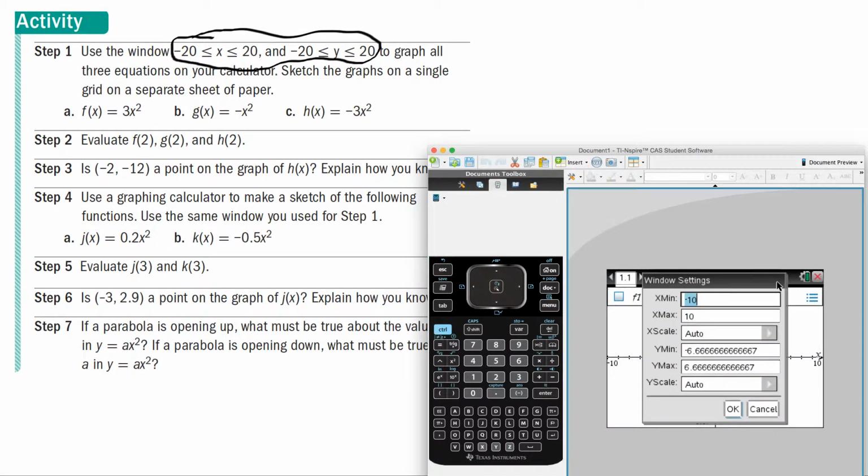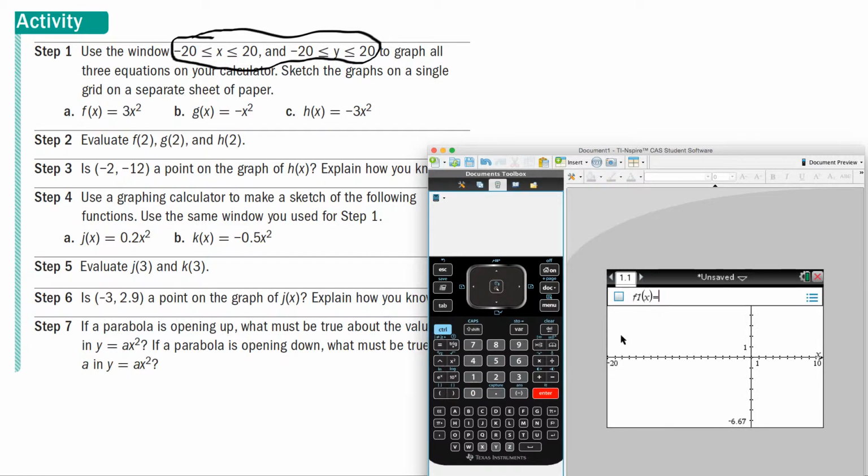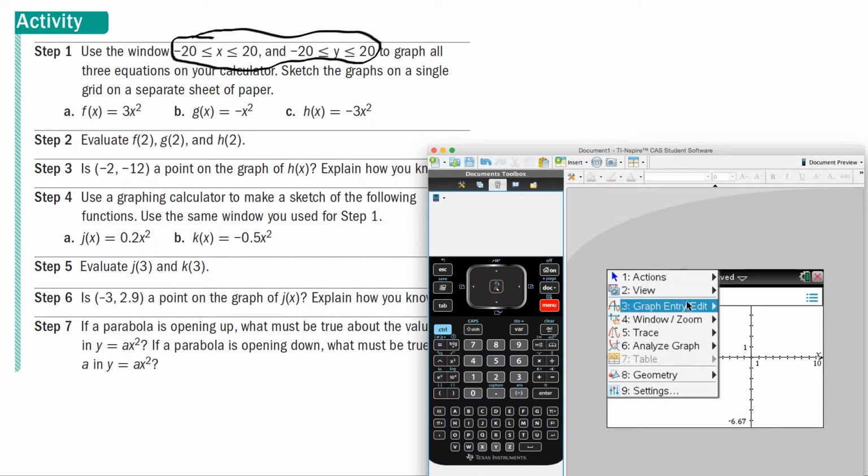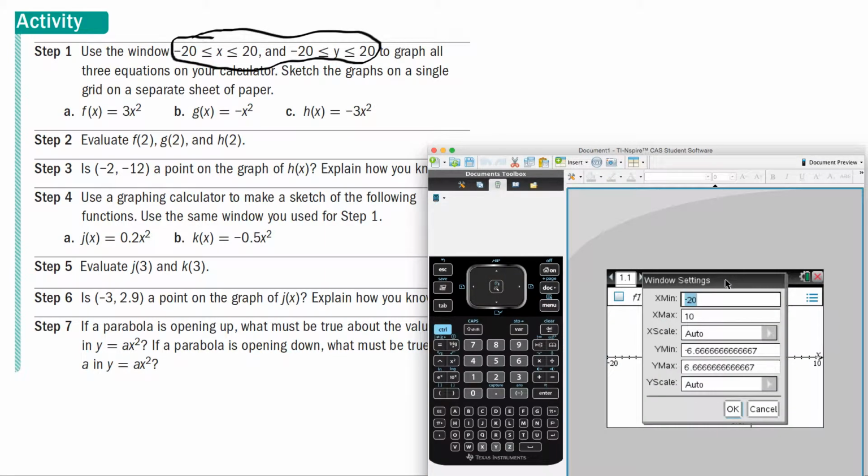We've been told what to do, so we're going to go with a negative 20, negative 20, negative 20, and 20. Okay, so that's going to be our window for all of these functions.